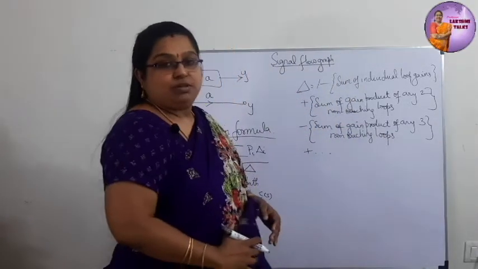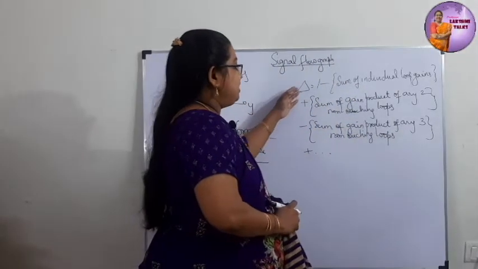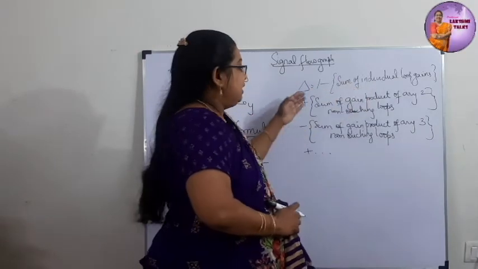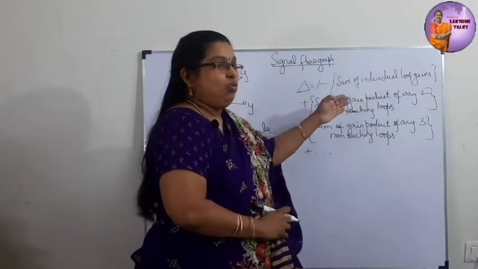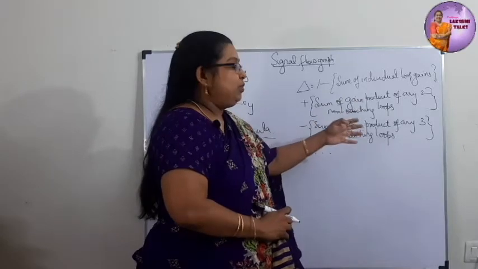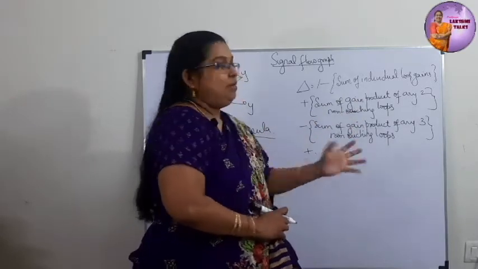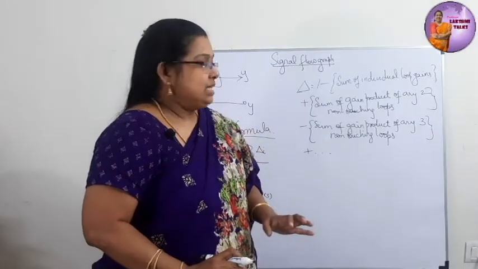Alternately it goes. Right? So what is delta? Delta is equal to 1 minus sum of individual loop gains plus sum of gain product of any two non-touching loops minus sum of gain product of any three non-touching loops plus and so on, it goes on, right?